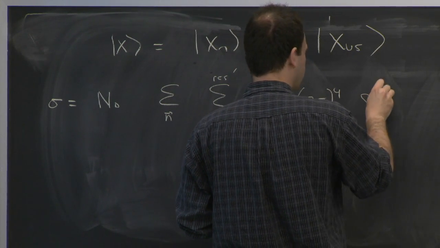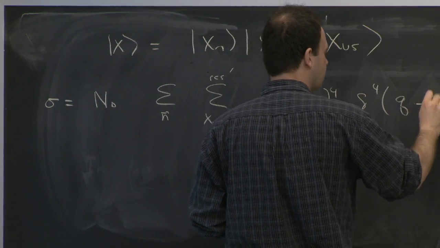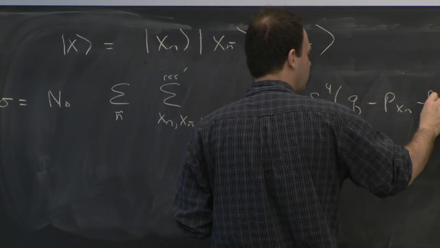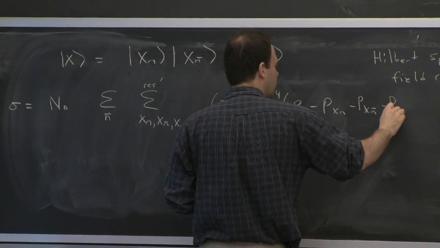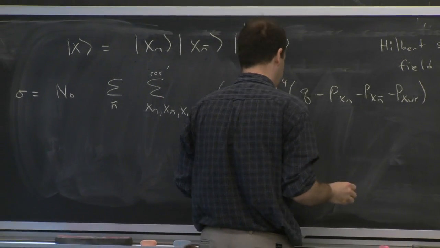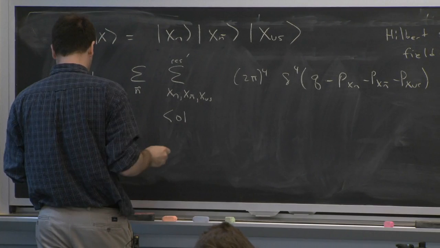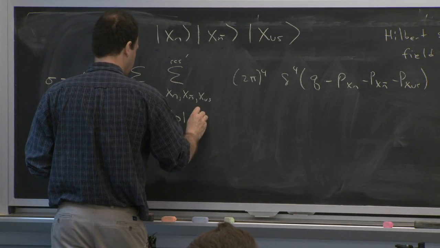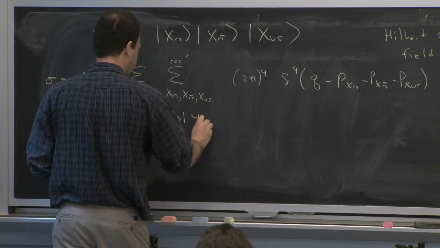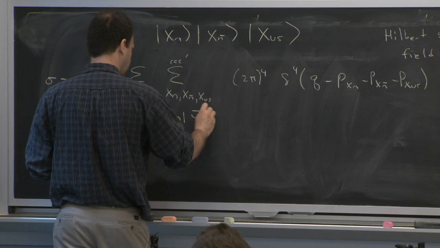There's still a momentum-conserving delta function, but I can write it out as p_x^n, p_x^n-bar, p_x ultrasoft. And because the states factor, I can factor also, with a little bit of work, the operators. So I can write the operators.